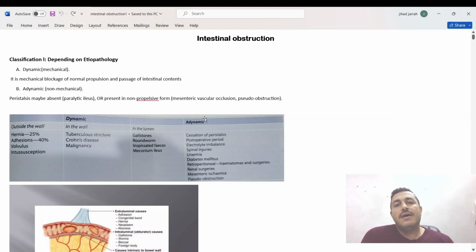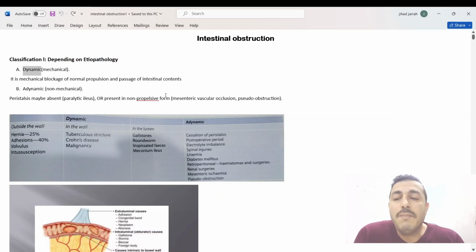Okay. If we are talking about the classifications, there are many classifications. One of the most common classifications is the one which depends on the etiology, and as you see, they are divided, we call it classification number one, into dynamic and adynamic.